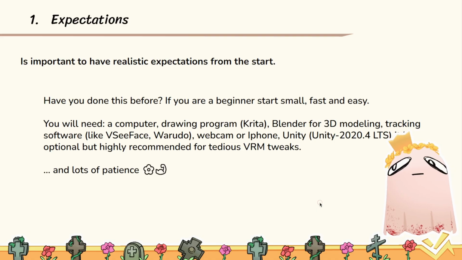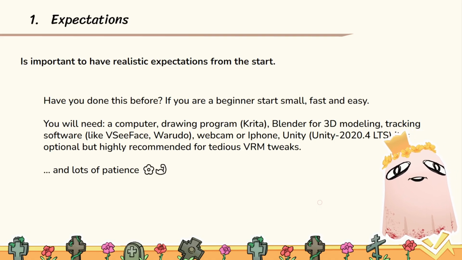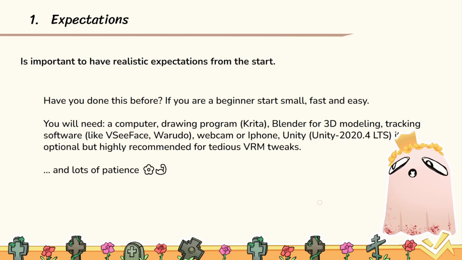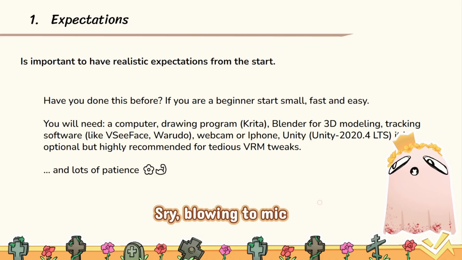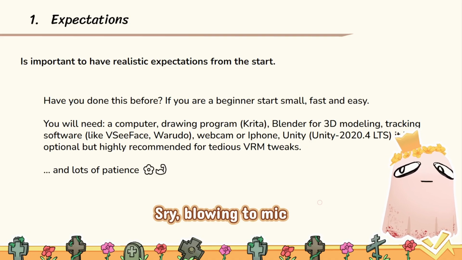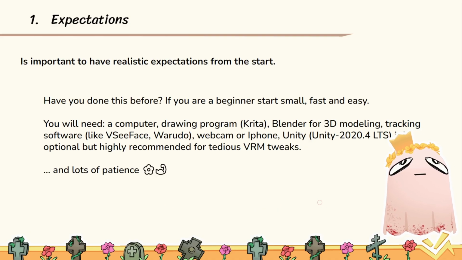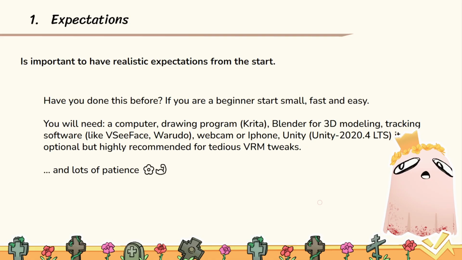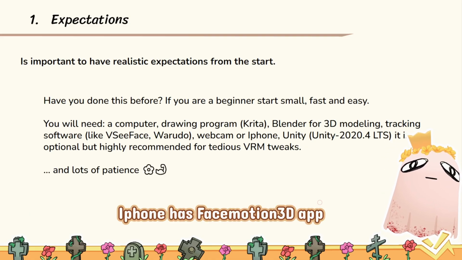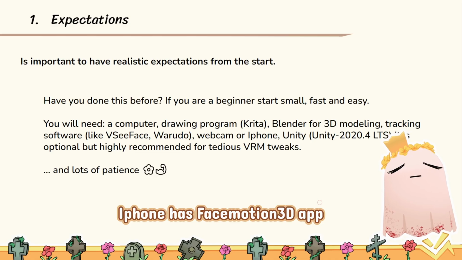1. Expectations. It's important to have realistic expectations from the start. Have you done this before? If you are a beginner, start small, fast and easy. You will need a computer, drawing program, Krita, Blender for 3D modeling, tracking software like VSeeFace, Varudo, webcam or iPhone, Unity.